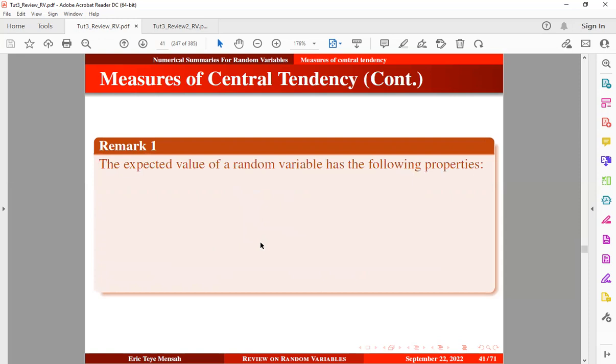The expected value of a random variable has the following properties. One is that if c is a constant, then the expected value of the constant will still be the constant.